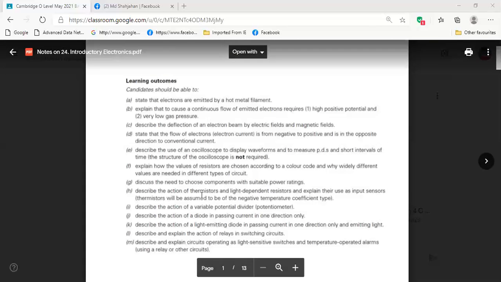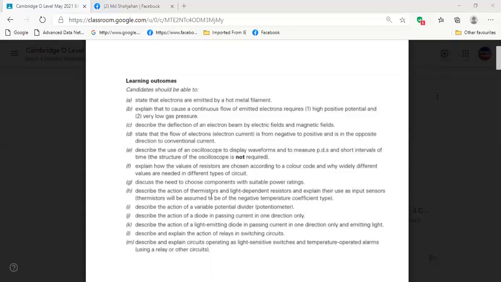That means a thermistor is one type of resistor whose resistance varies with temperature. If the temperature increases, the resistance decreases in a thermistor.